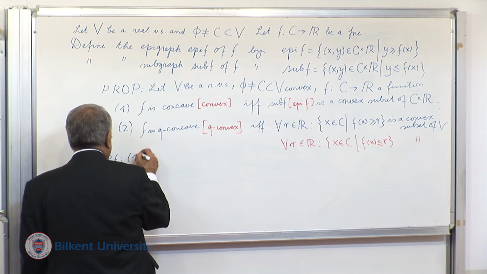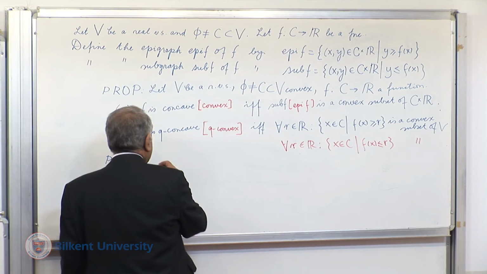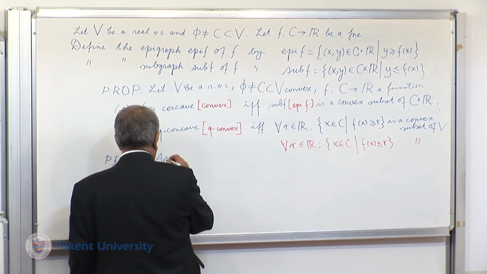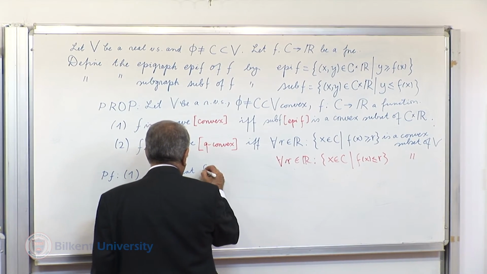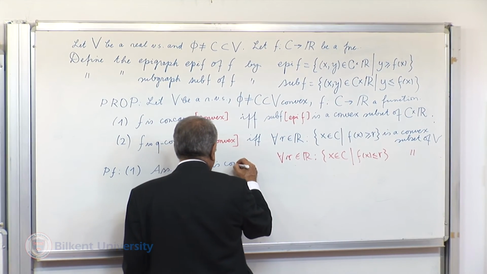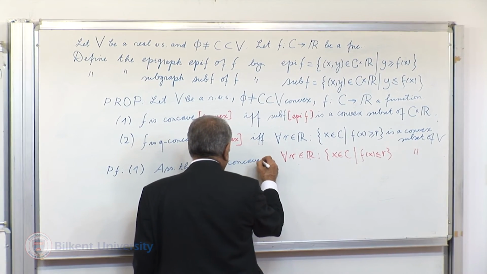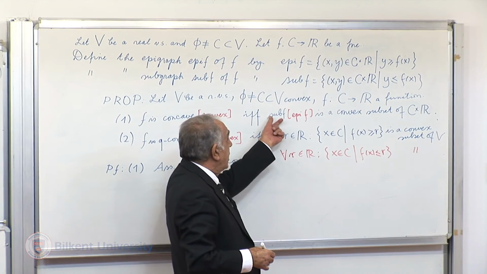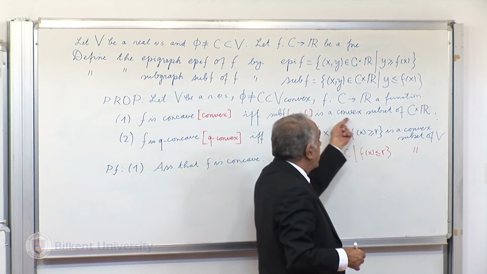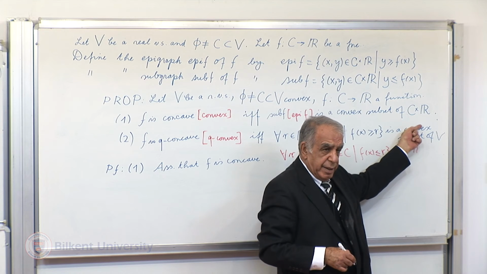1. Assume that F is concave. Now what we need to show is that the subgraph of f is a convex subset of here.